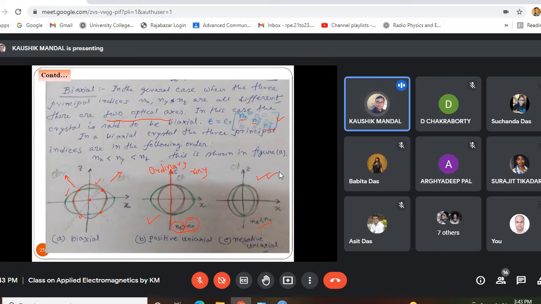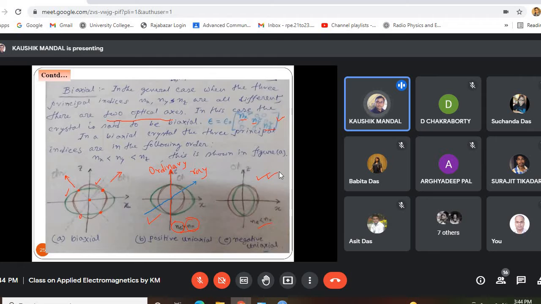Now, if any other ray or wave is passing through any other axis that is also passing through the center, this is not the optical axis. If light passes through this particular line, it is not the optical axis.